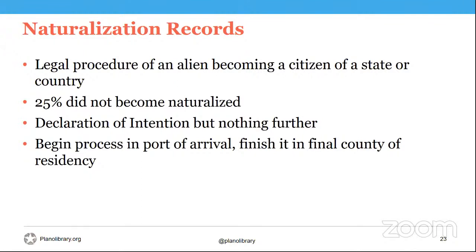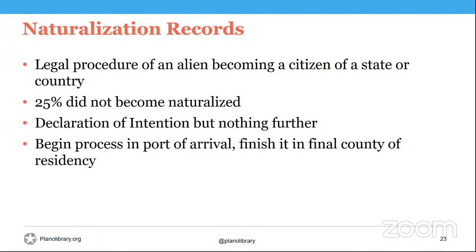So you see that naturalization record, and you go, oh, look, they said that they arrived in 1891, but they were guessing. And then you find that there wasn't this ship that they said they arrived on in February 1891. It was actually in February 1890 and not 1891. That's pretty good, just a year off.